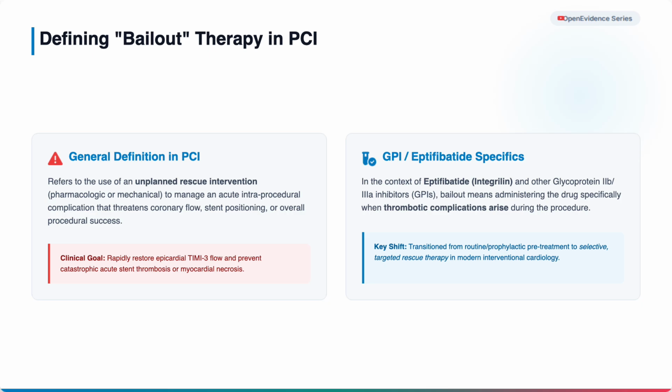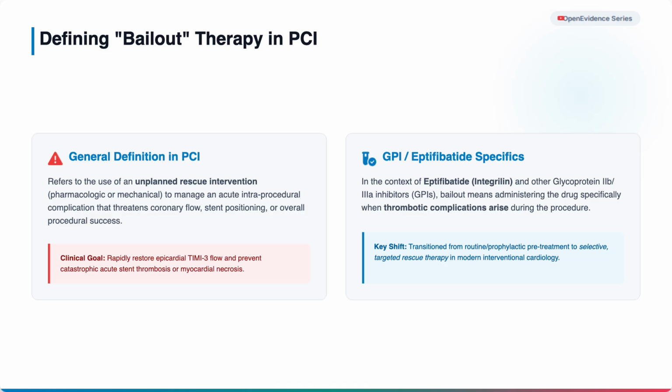Now, when the cardiologist is doing a cath or a PCI, their goal during that time is to rapidly restore an epicardial TIMI-3 flow of the blocked vessel and prevent any catastrophic stent thrombosis, for which we continue dual antiplatelet therapy after PCI for a couple of months to a year.